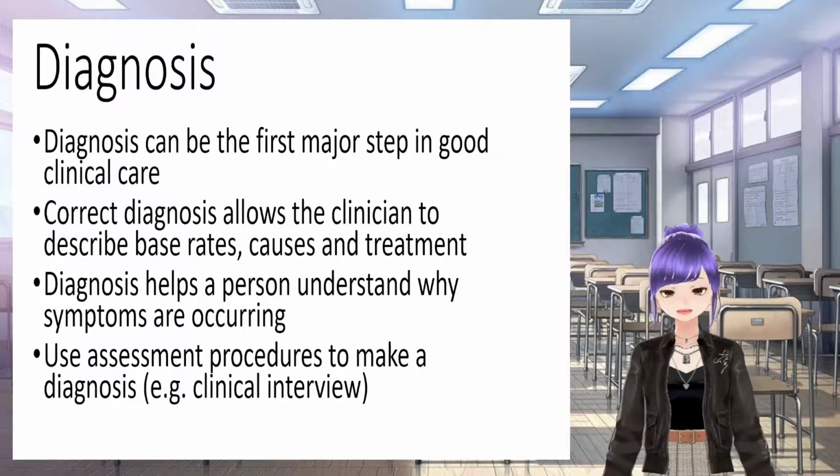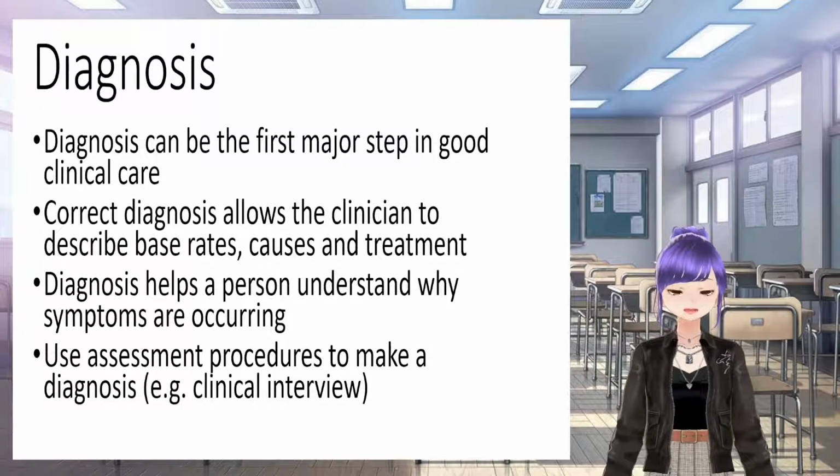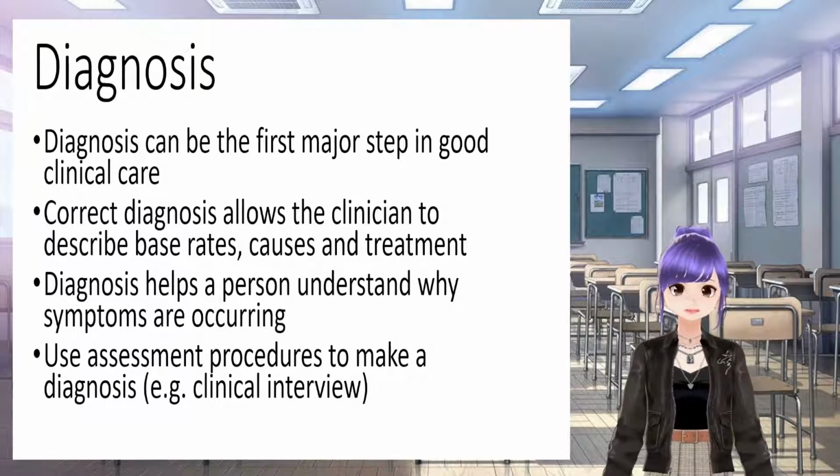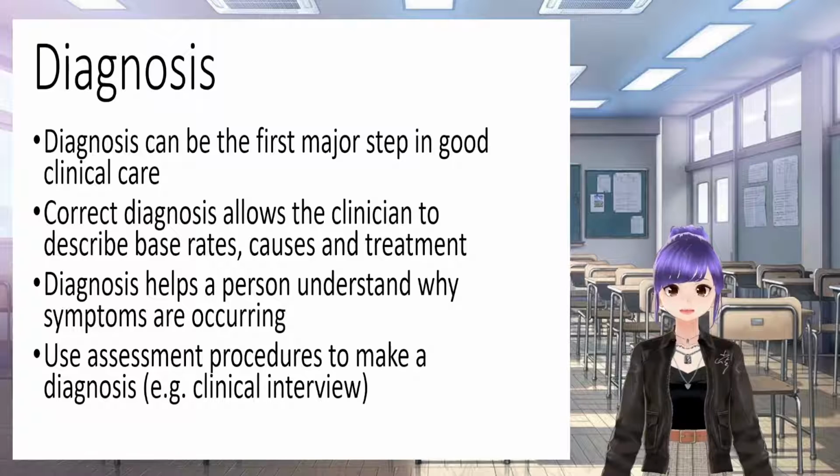So, diagnosis involves the classification of disorders by symptoms or signs. When we say signs, these are objective, observable behaviors that can be seen. Usually, those signs are observed by a third party, for example the clinician, the family member, the relative, or the friend.